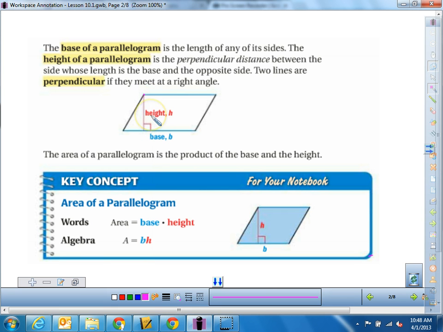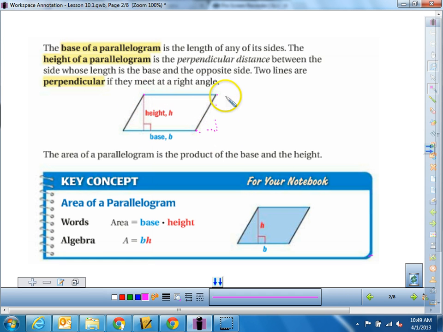But the area of a parallelogram is just the same as it is for a rectangle. It's base times height. I don't know if you can visualize this or not, but if we were to cut this off right here where that triangle is and just move it over here, it would create a rectangle.